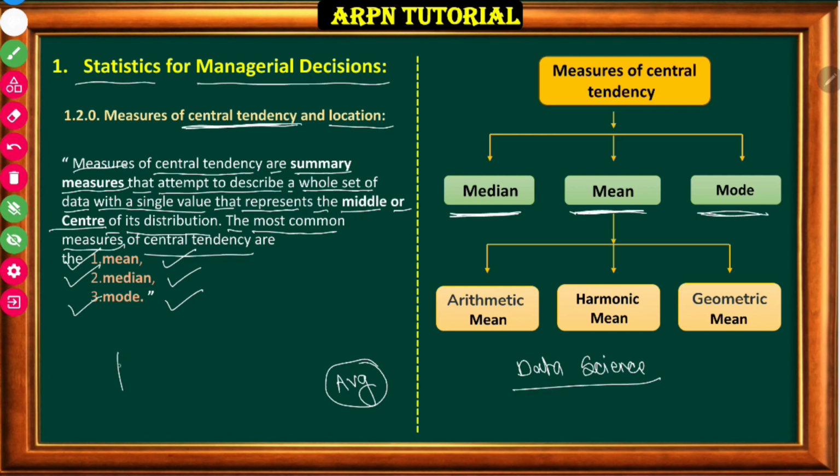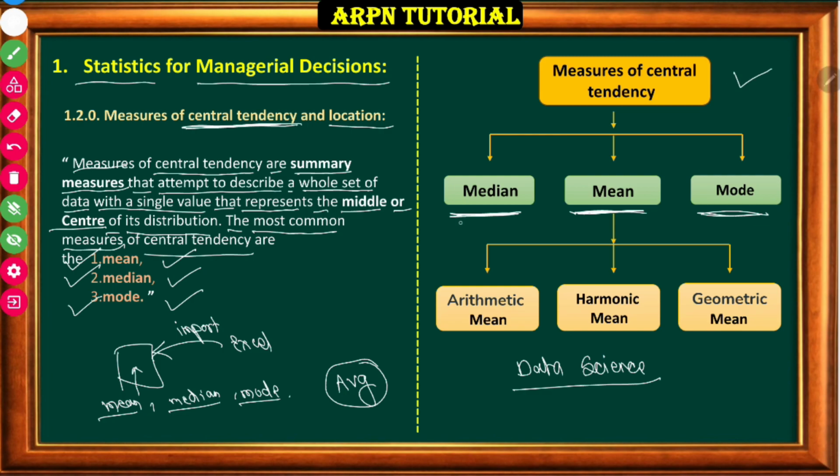For example, if I have this formula in software, I just have to import this Excel into the application, and it will find out the result for your mean, median, or mode. So from this, you are ready to know the average tendency of your data set. Okay, all right. So this way we can measure the central tendency.